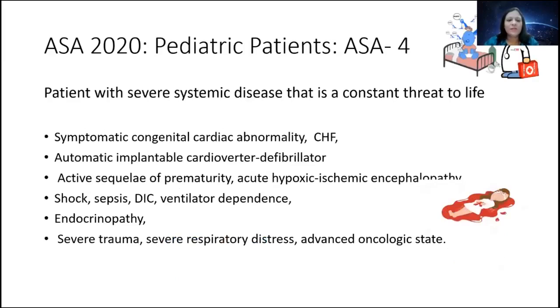Pediatric patients with ASA grade 4 are patients with severe systemic disease that is a constant threat to life. So it includes symptomatic congenital cardiac disease, pediatric patients with congestive heart failure, patients with automatic implantable cardioverter defibrillators, patients having acute active sequelae of prematurity, having hypoxic ischemic encephalopathies, or patients in shock, sepsis, DIC, or on ventilatory support are ASA grade 4.